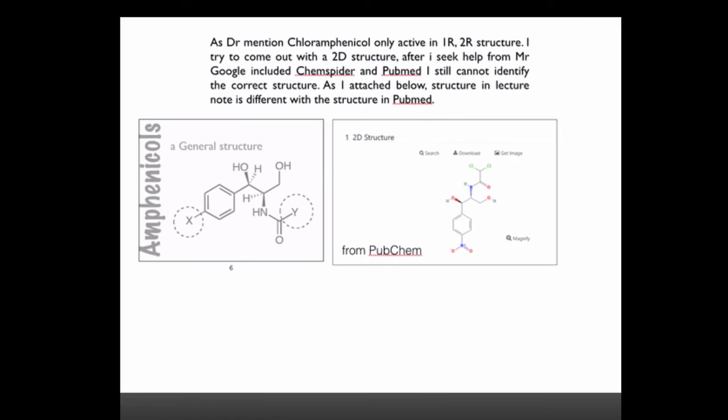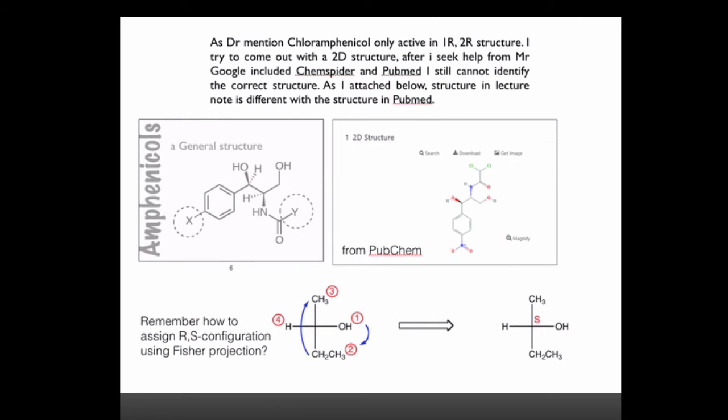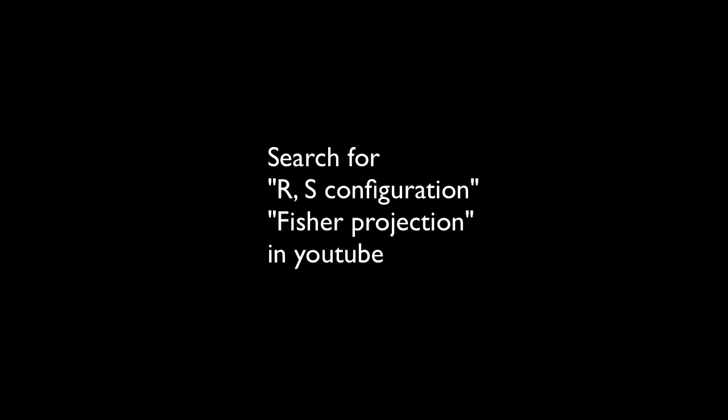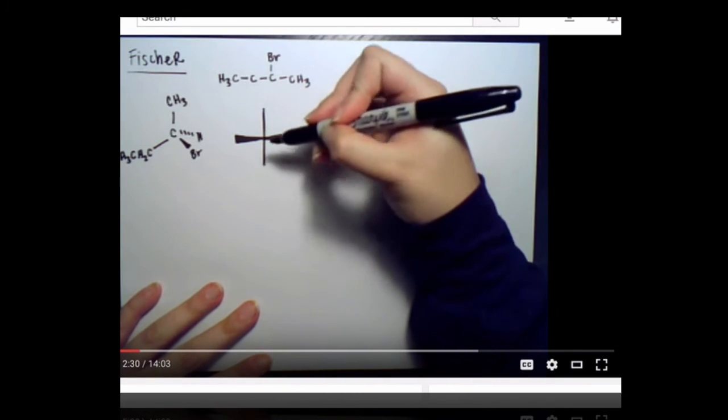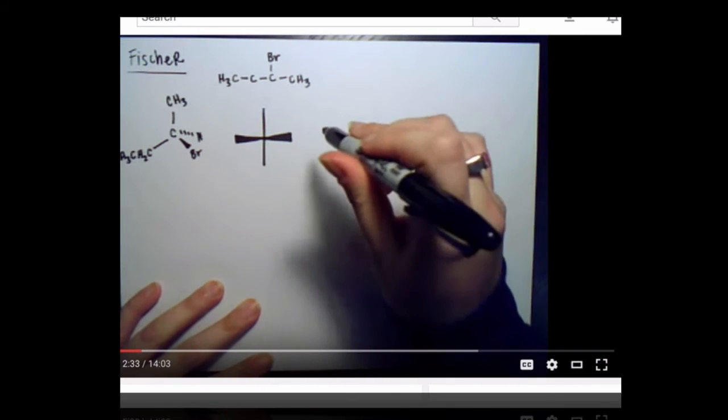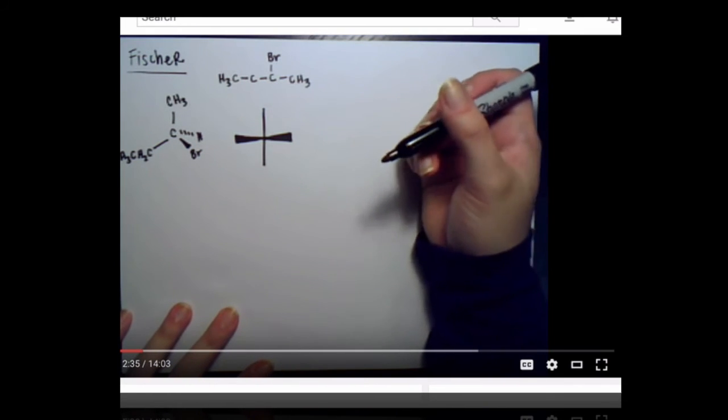So please, I urge you again to go to some YouTube channel, for example, to find out how you can assign the RS configuration using Fischer projection. It shows you how to convert a particular molecular structure into a Fischer projection.